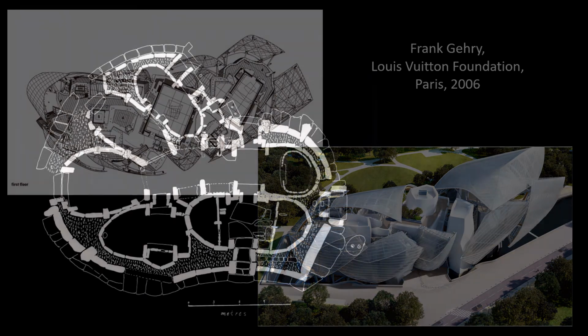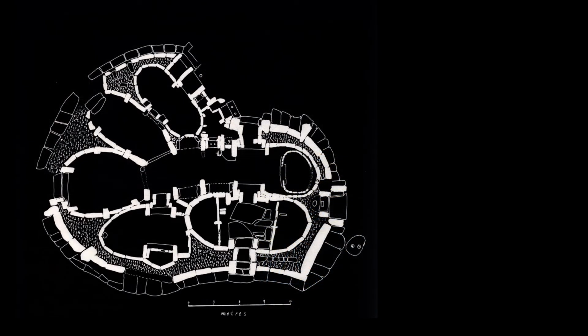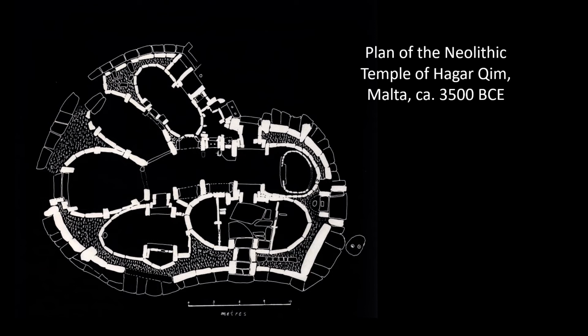Another thing I like about Gehry and his introduction of curves into architecture is that some of the first architecture known to have been made by human beings in the Neolithic period was also characterized by curves. So, for example, this is a temple on the island of Malta, which dates from 3500 BCE.